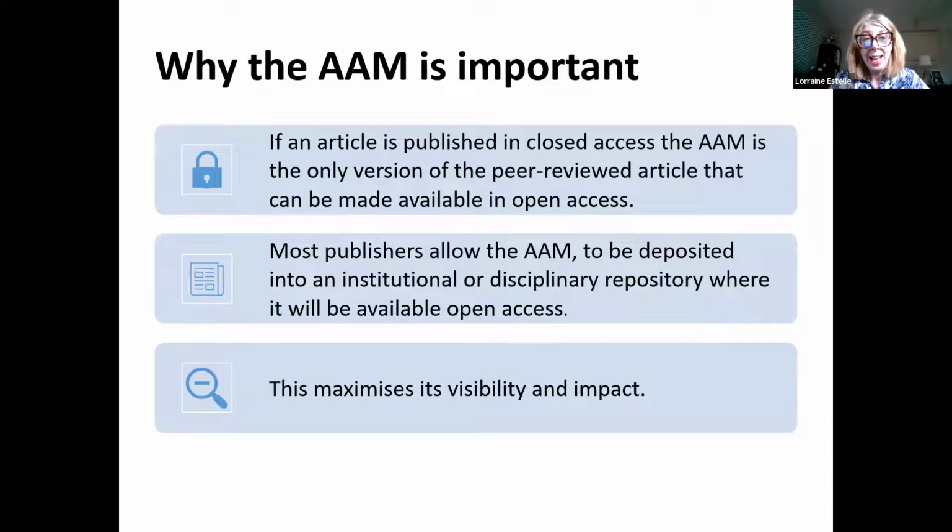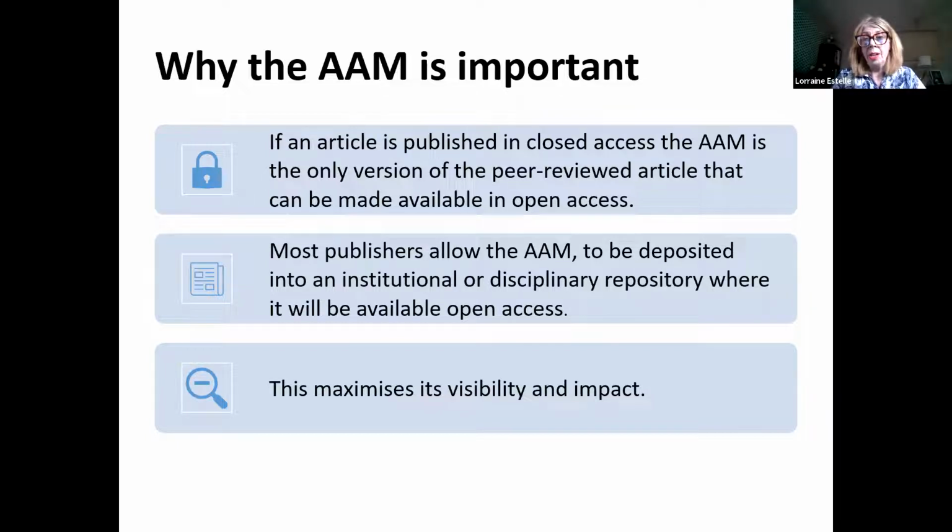Now, the AAM, the author's accepted manuscript, is a very important version, and it's particularly important if an article is published closed access. Of course, through IFL agreements, we do have agreements which enable authors to publish open access without paying a fee, or by paying a discounted article processing charge.